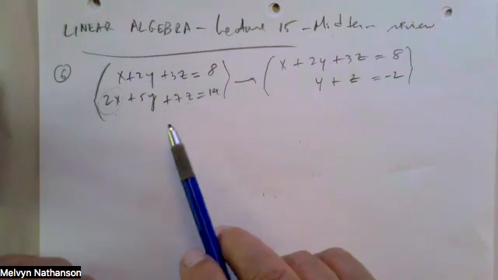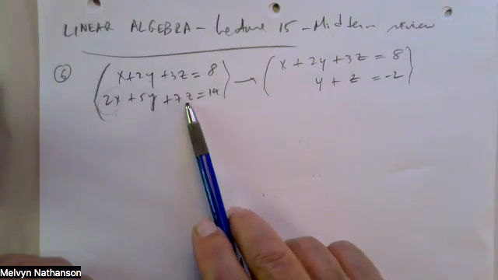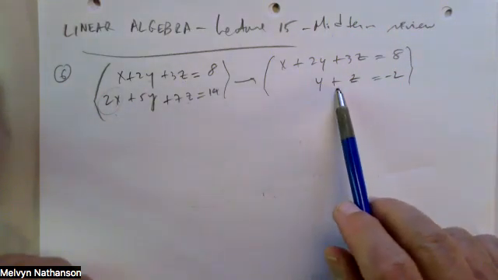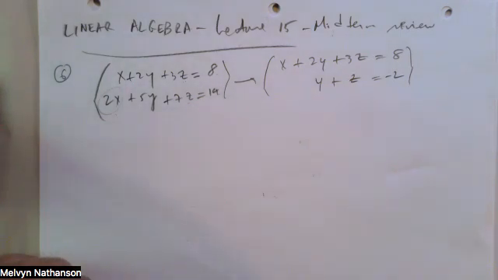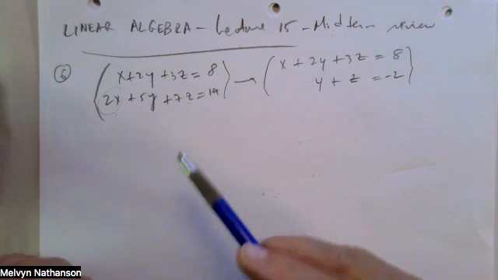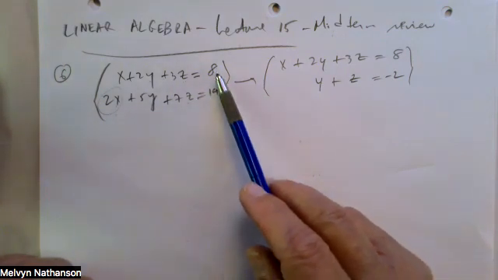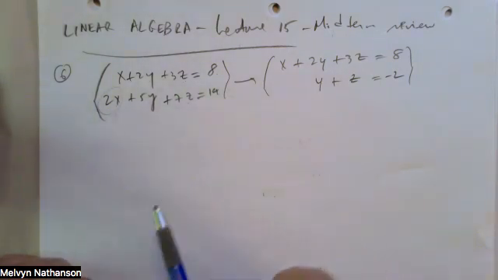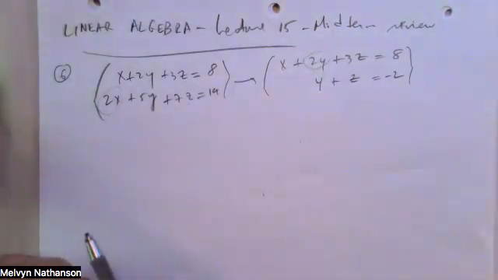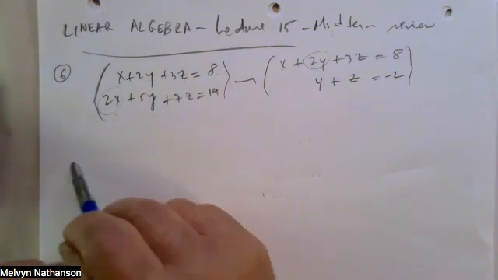So if I did this correctly, here's the equivalent system in which I've eliminated x from the second equation. I took the second equation minus 2 times the first. Then the next step is to eliminate the y term from the first equation.